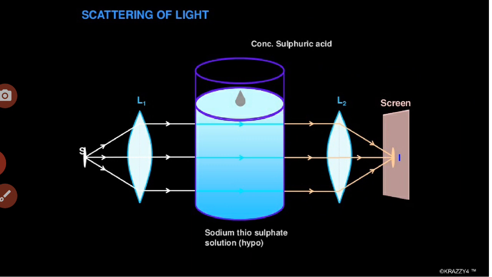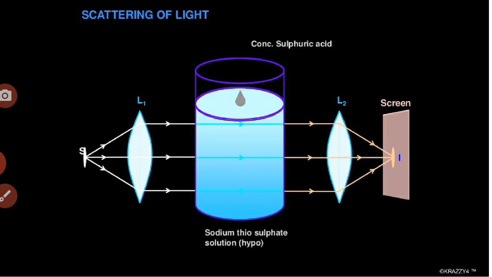Scattering of light. Here in this figure, we can observe a strong source S of white light at the focus of converging lens L1. This lens provides a parallel beam of light. Now allow the light beam to pass through a transparent glass tank containing clear water.